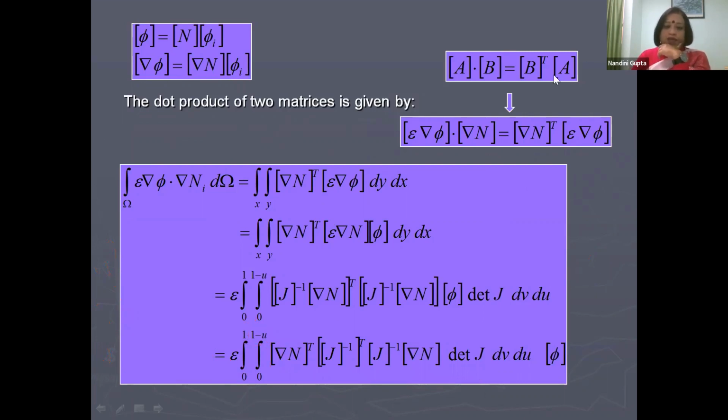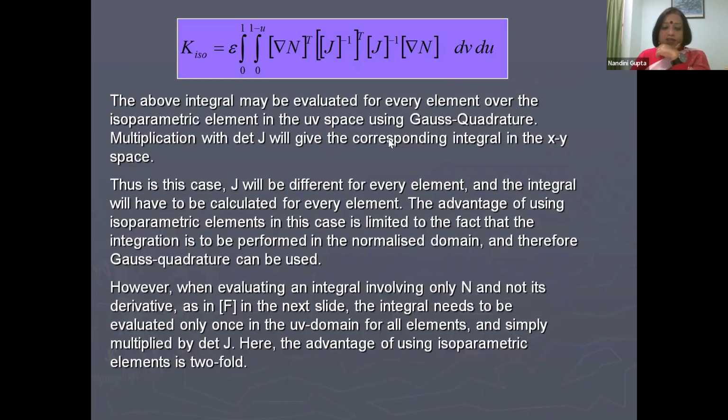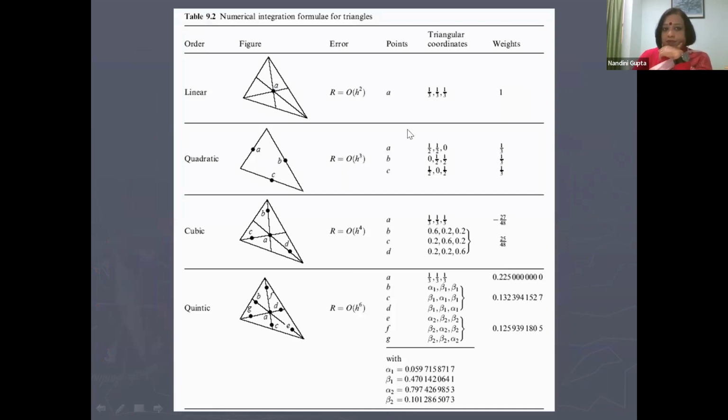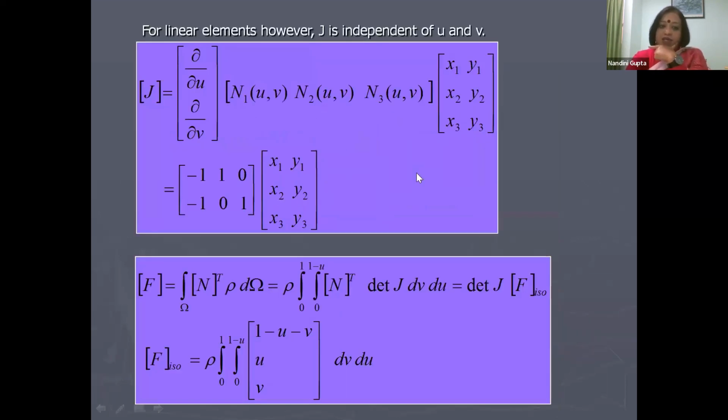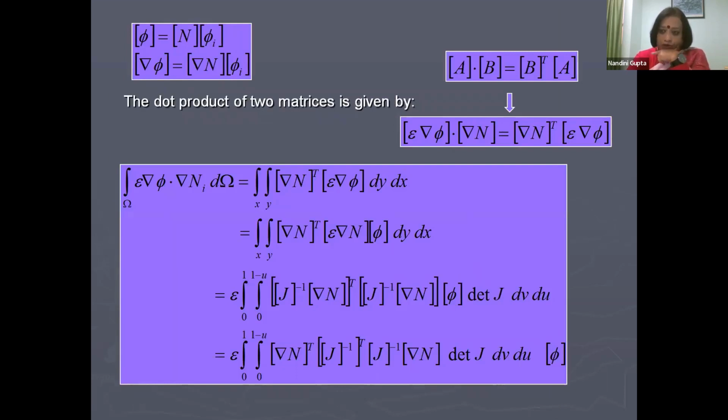So what you will need is a separate table, a different table. I will discuss this in the next class. This is your Gauss integration table, the numerical integration formula for triangles. And that is not that straightforward because as you can see, there are 3 triangular points. I will come back to this later. Whatever discussion we have had in terms of the triangular elements, I have told you what needs to be integrated, but about the integration, I will come back later, not even in the next class.